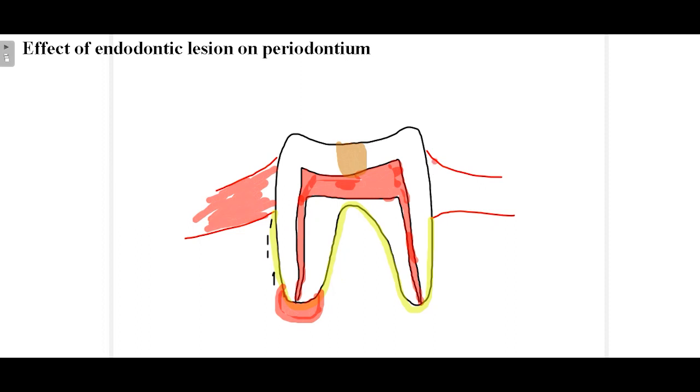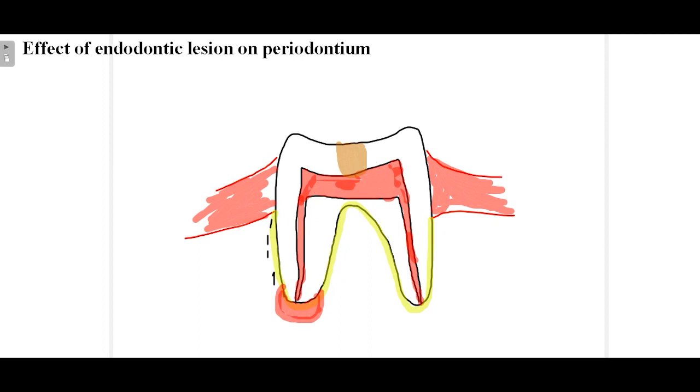It results in inflammation of this area. Now the main pathogenic mechanism by which this inflammation starts from the pulp and causes its effect in the periodontium as well is when these anaerobic bacteria attack the pulp and release their mediators such as interleukin 1.